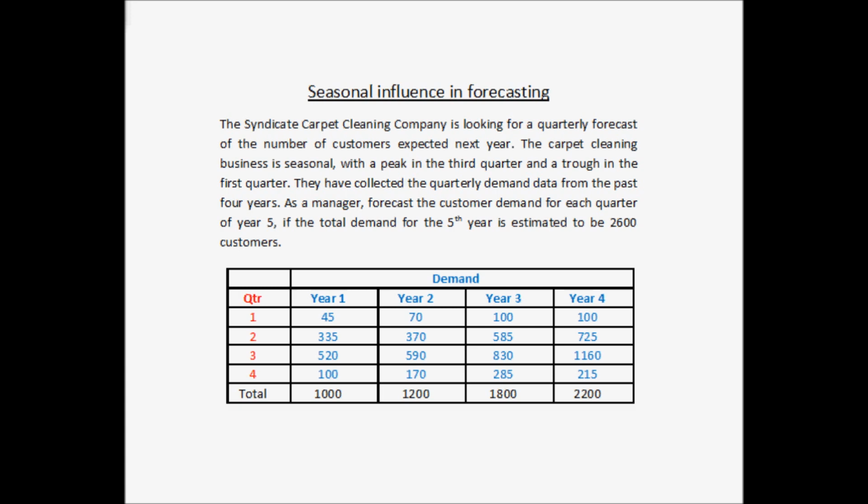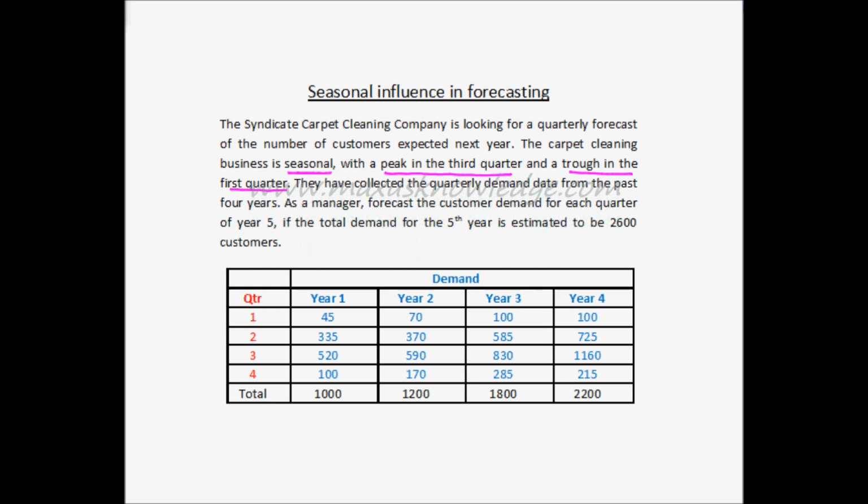The Syndicate Carpet Cleaning Company is looking for a quarterly forecast of the number of customers expected next year. The carpet cleaning business is seasonal, with a peak in the third quarter and a trough in the first quarter.